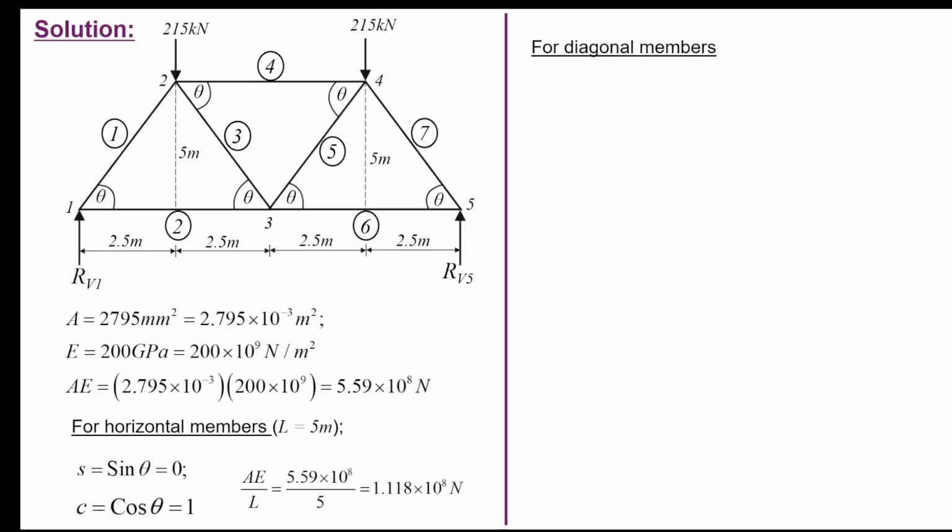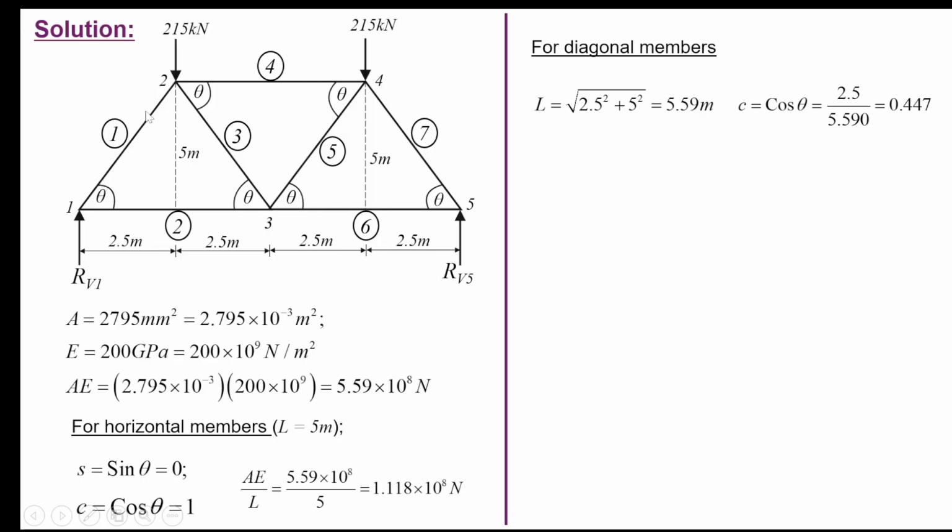Now we go to the diagonal members. We use Pythagoras theorem to calculate L. For diagonal members, the height is 5 and the horizontal is 2.5, so the length is 5.59.